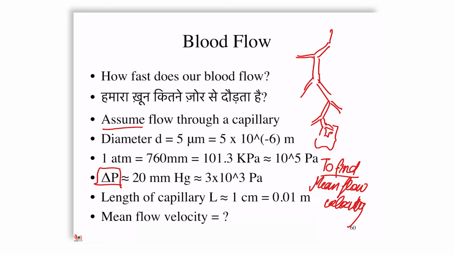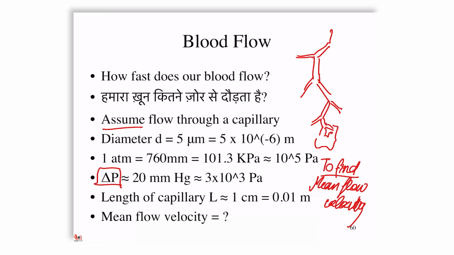But human blood pressure typically is in the range of 20 millimeters of mercury height. That means it is approximately 30 times smaller than atmospheric pressure.